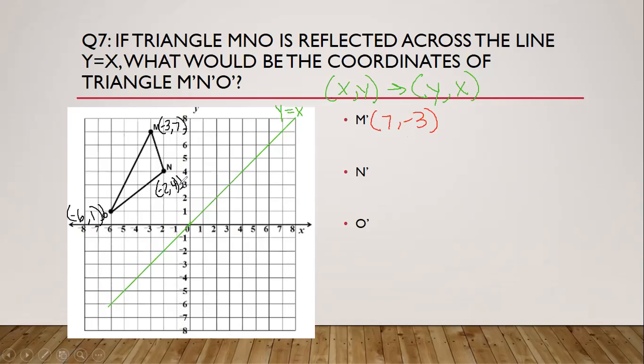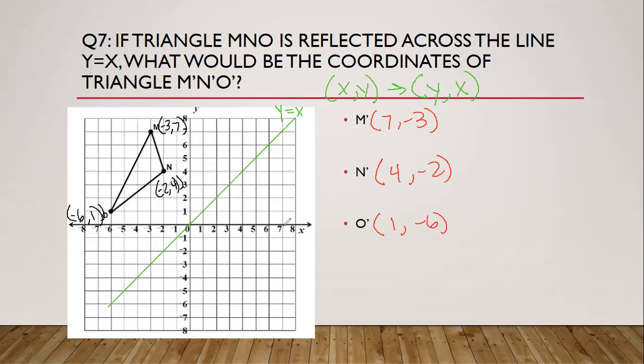N is at (-2, 4), so N prime is at (4, -2). O is at (-6, 1), so that means O prime is at (1, -6). So remember, the signs don't change, nothing changes other than the x becomes a y, the y becomes the x.